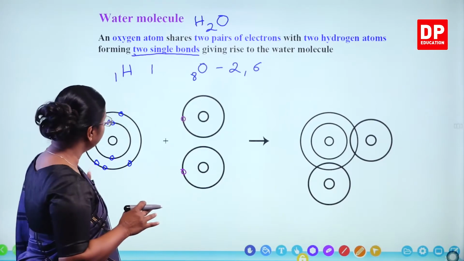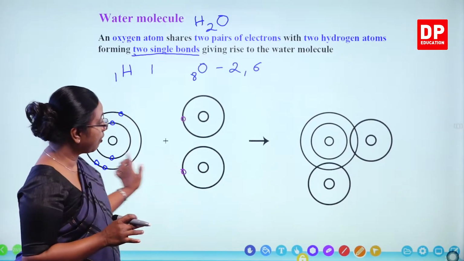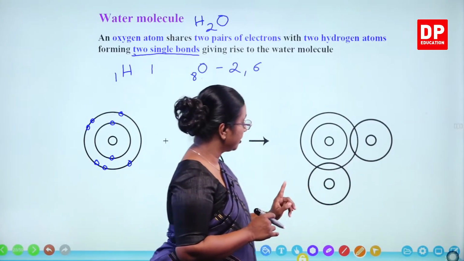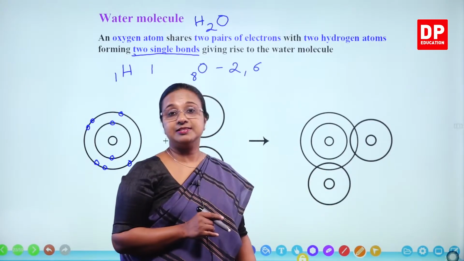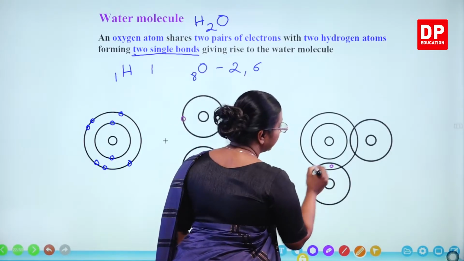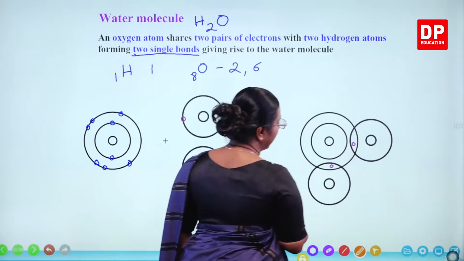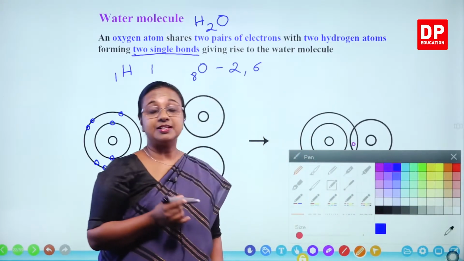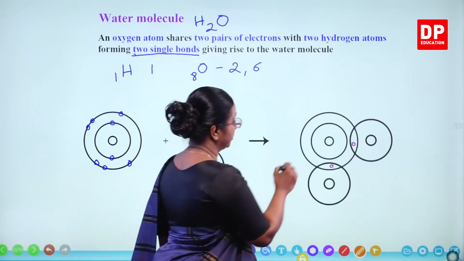And you all know when they combine, they form 2 single bonds. So here you can see 1 hydrogen on this side and 1 hydrogen here. So here we have the electron here and the other electron from hydrogen there. So then we will fill up the electrons that are coming from oxygen.